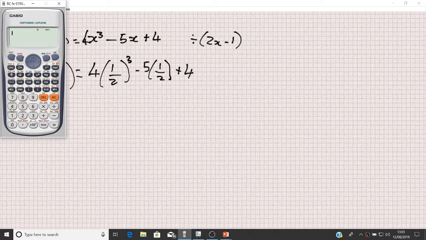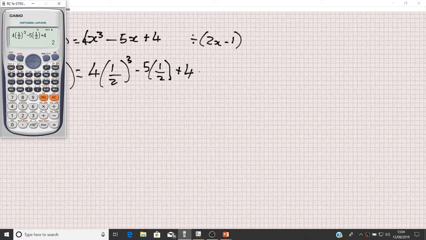So we will have 4 on 1 over 2, raised to the power of 3, minus 5 on 1 over 2, plus 4, and we'll hit equals.